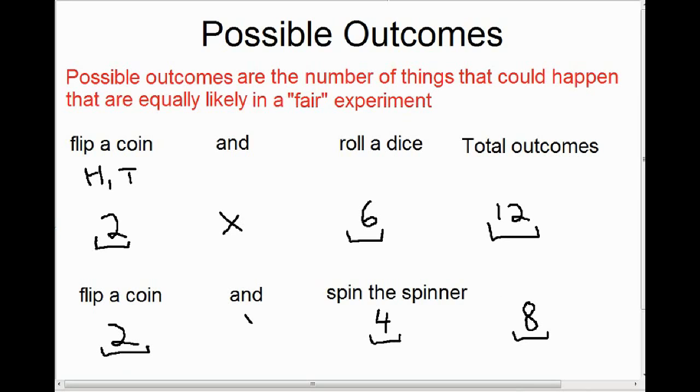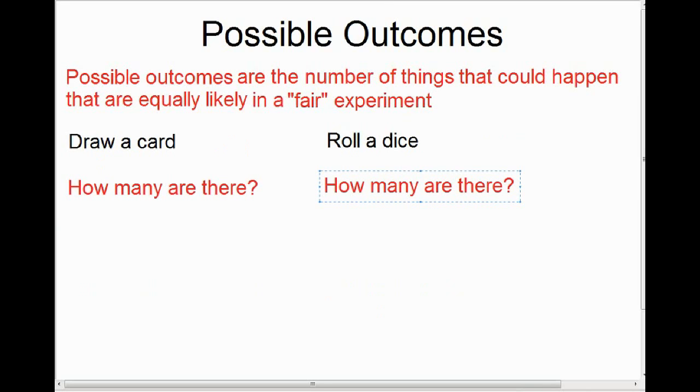So when we combine two experiments, as long as they're fair experiments, we take the outcomes of one, the outcomes of the other, and multiply those together to get the total number of outcomes for combining those 2 experiments. So let's look at one more example of 2 individual experiments.